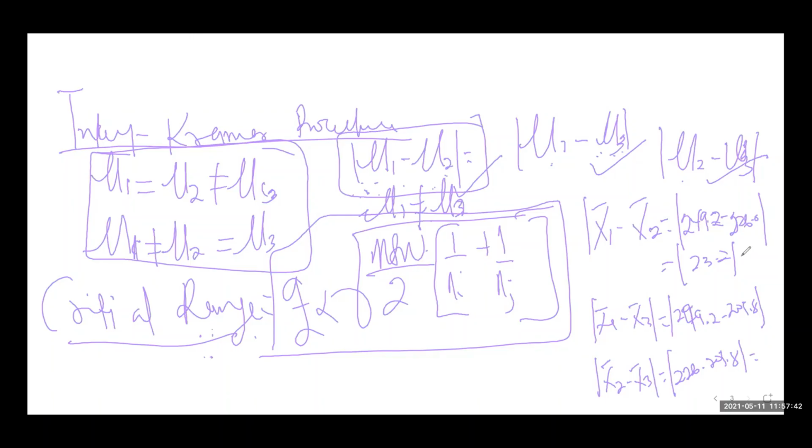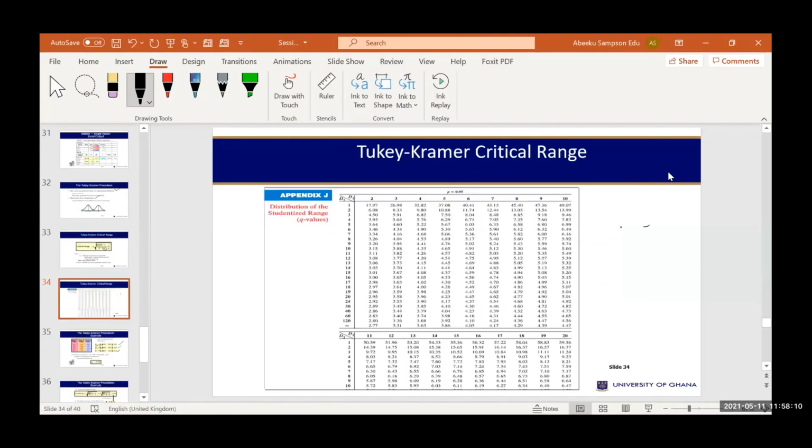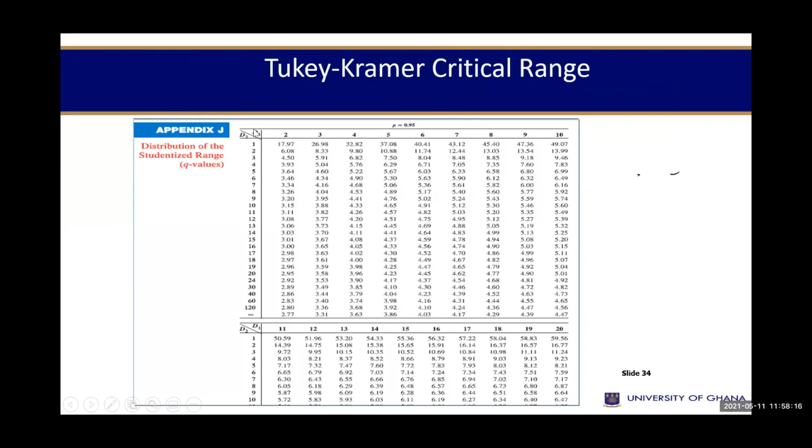Now, how do we read the Q alpha? Let me show you. We'll use a standard table to read Q alpha, and we know alpha already. We use a different table, which I'll share so you can see it in your slide. We need to know D1 and D2, the degrees of freedom between and the degrees of freedom within.